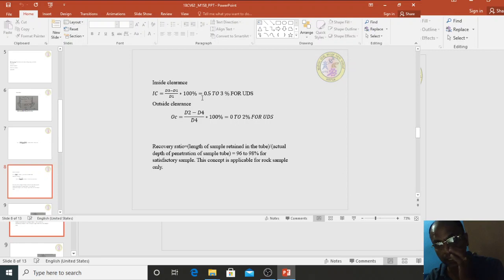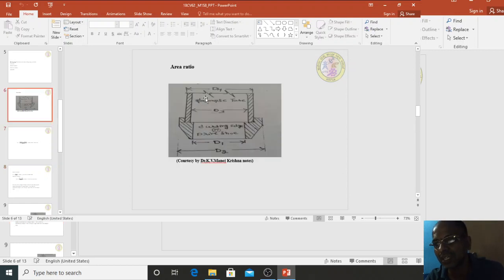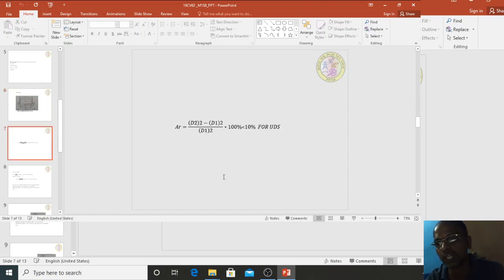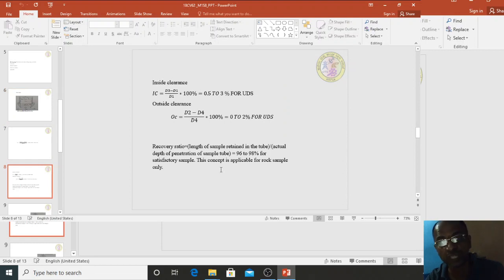On the other hand, outside clearance is (D2 minus D4) divided by D4, into 100. That is a ratio between the cutting edge and the sampler tube. If it is 0 to 2%, then the sample that we collected is an undisturbed sample.